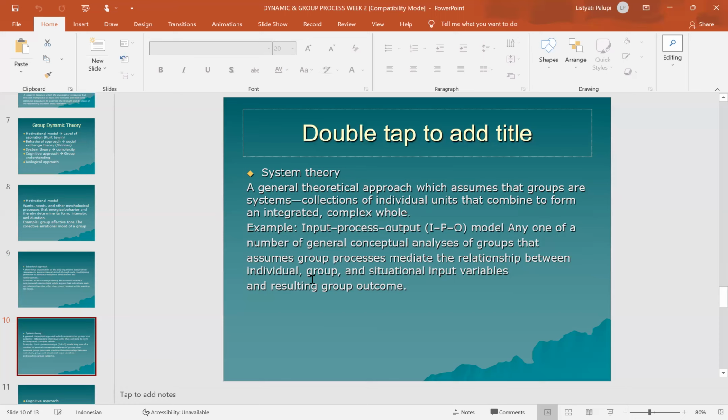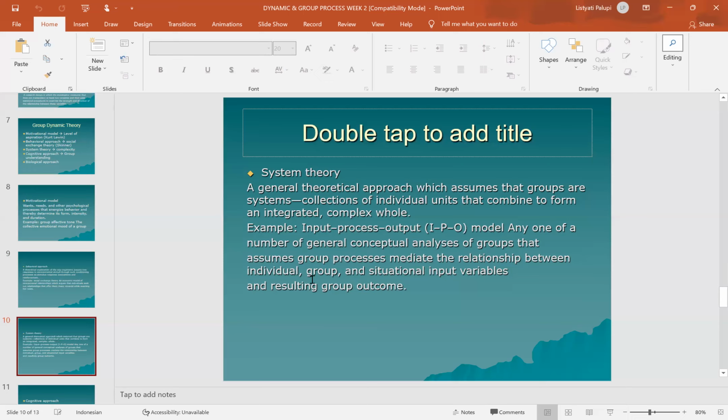It is one of a number of general conceptual analyses of groups. IPO assumes that group processes mediate the relationship between individual, group, and situational input variables and resulting group outcomes. So the IPO model sees the dynamics in a group as a whole, not as divided parts.